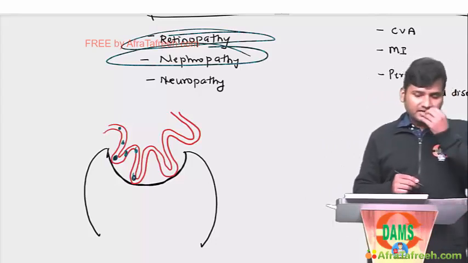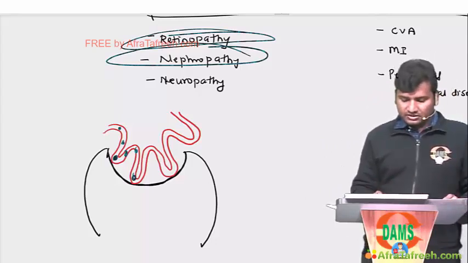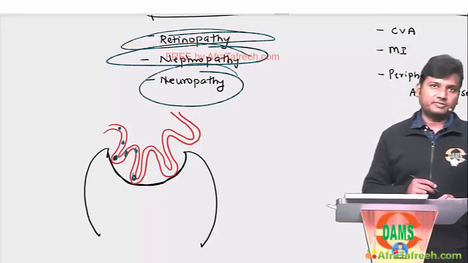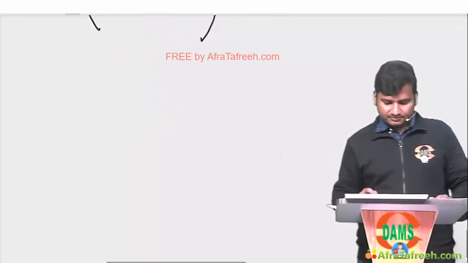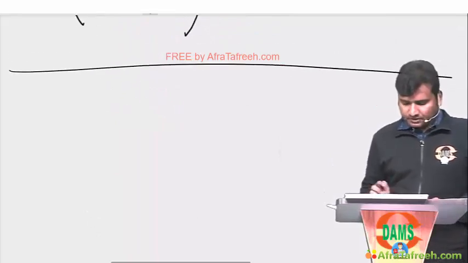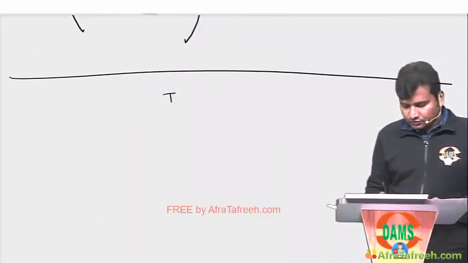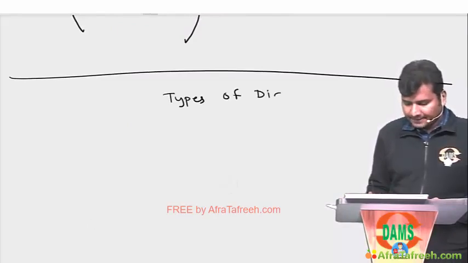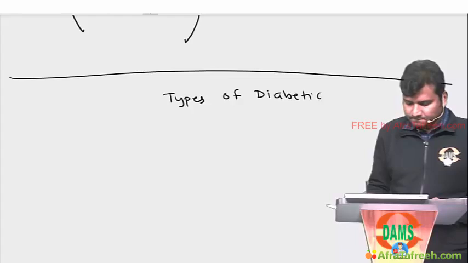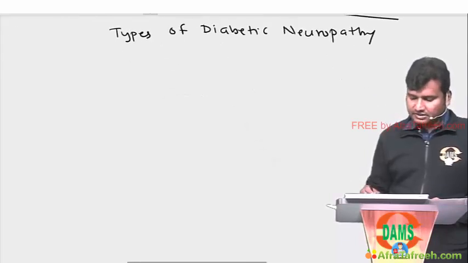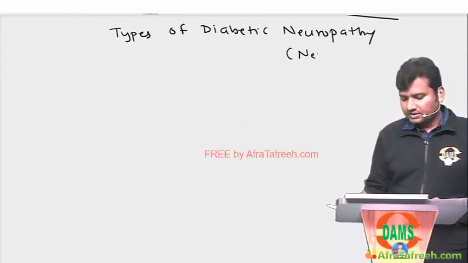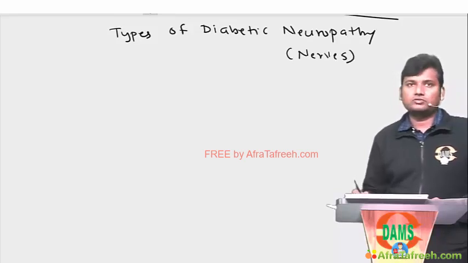Okay. Then most important for us is diabetic neuropathy. Now we will understand diabetic neuropathy. So write down types of diabetic neuropathy. When I am saying neuropathy, neuropathy means diseases of nerves.